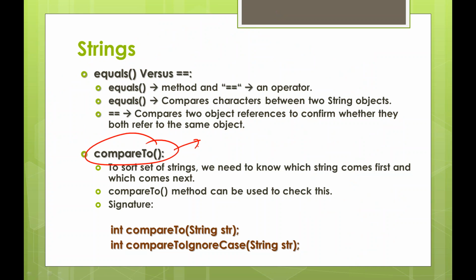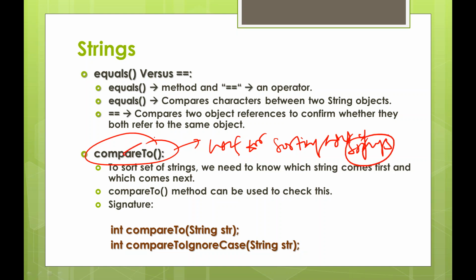So this is basically used for sorting a set of strings. Not only for that, but you can use this to sort a set of strings or an array of strings.